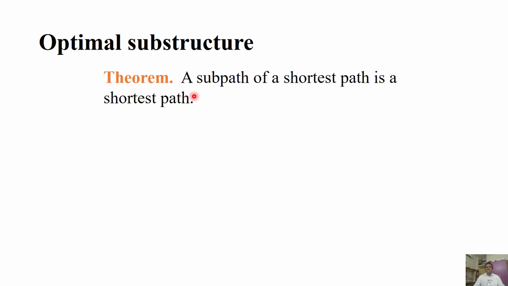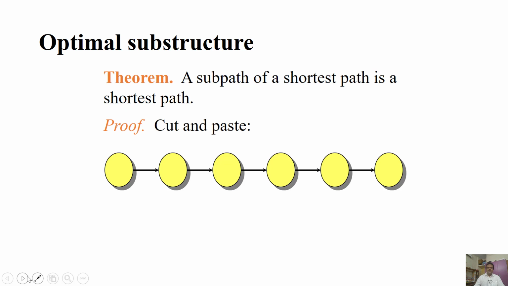Yes. The theorem is telling that a subpath of a shortest path is also a shortest path. So, suppose we are given a shortest path between 2 vertices u and v. Now, if we consider a subpath, say this is x y, this will also be a shortest path between x and y.